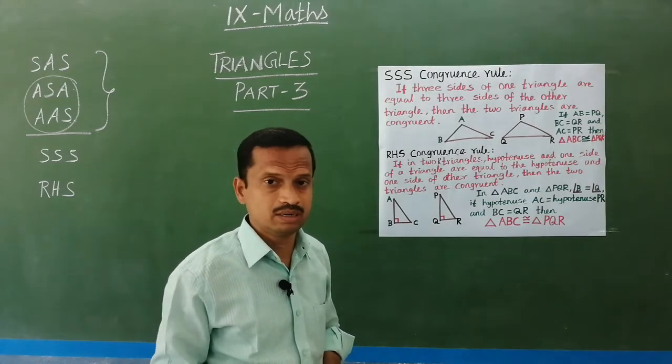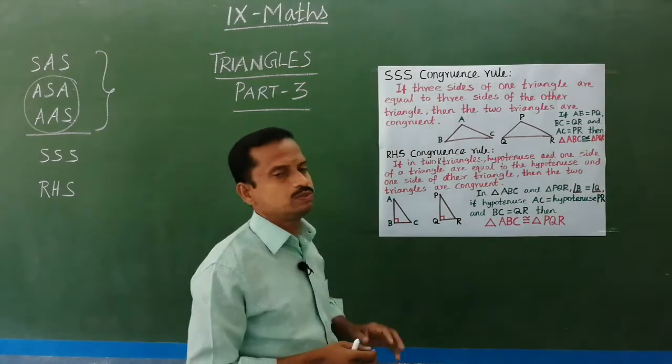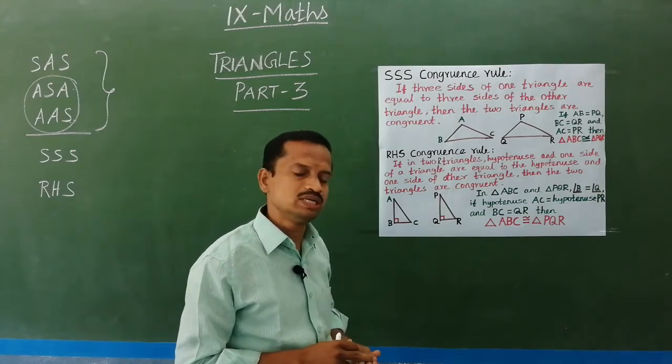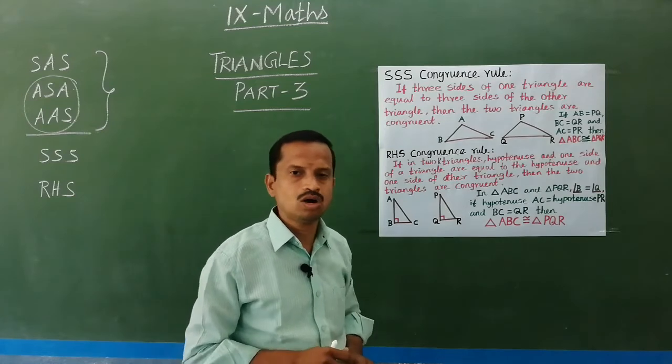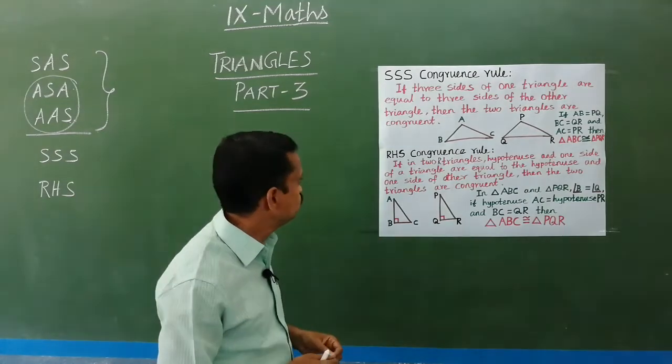It is not given there, but for information I am telling you. So triple S means side, side, side. So if three sides of one triangle are equal to the three sides of another triangle, then we can say that two triangles are congruent.